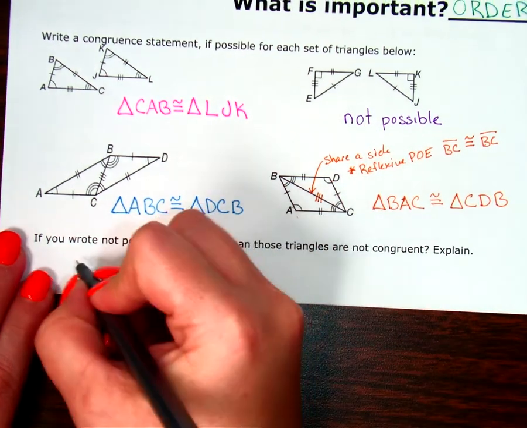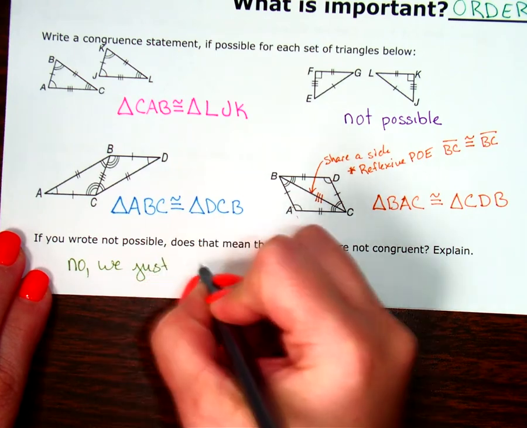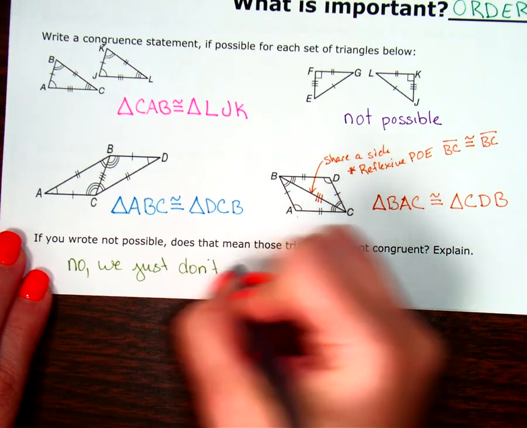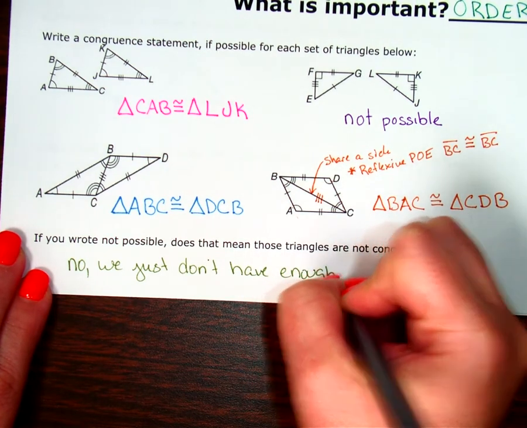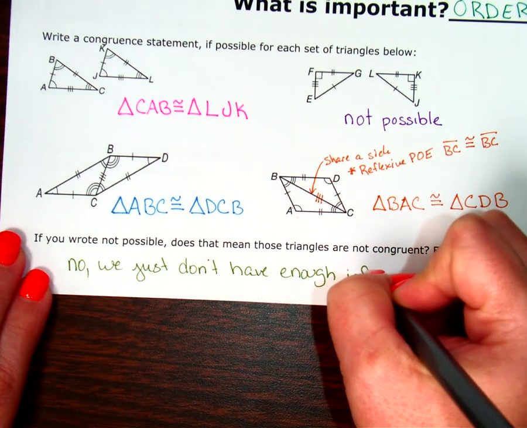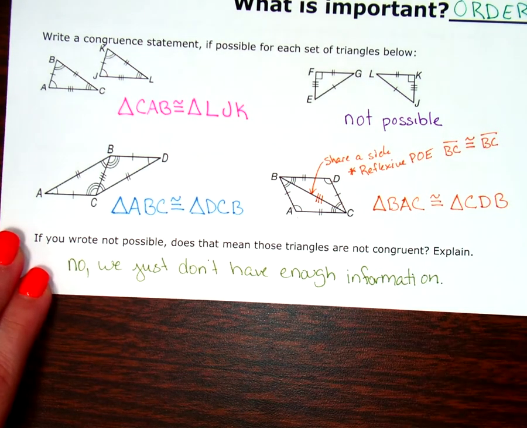So we're going to say no. We just don't have enough information. So they might be congruent, we just don't have enough information to say for sure that they're congruent.